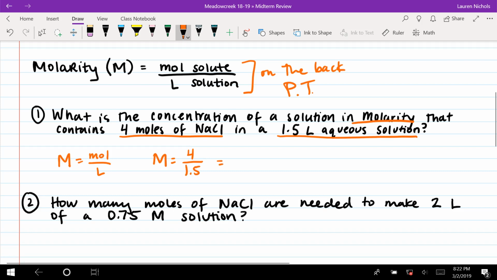So our molarity is 4 divided by 1.5, which gives us 2.67 M. You would say that as 2.67 molar, and normally you would also write that it is NaCl with it. So that was the basics, finding molarity when you're given moles and liters.